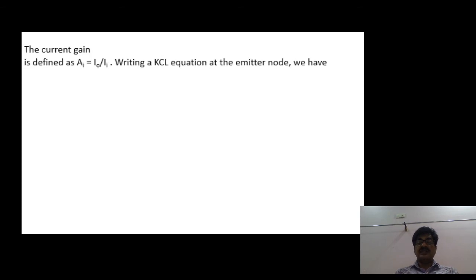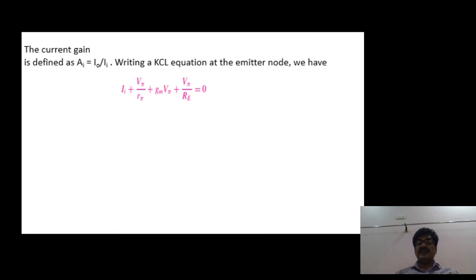Now let us see the current gain in the same common base amplifier. For a current gain, you know the definition is output current divided by input current. As per the circuit, the output current is I0 and the input current is Ii.